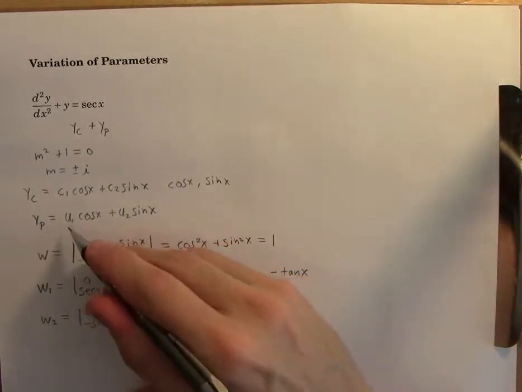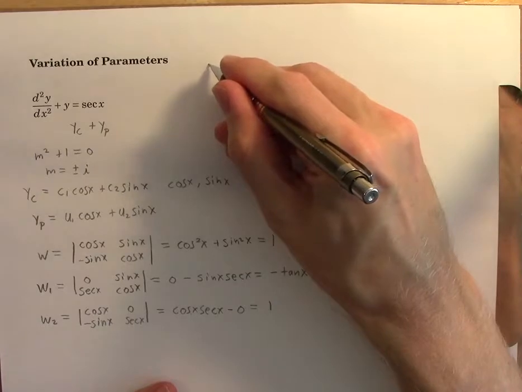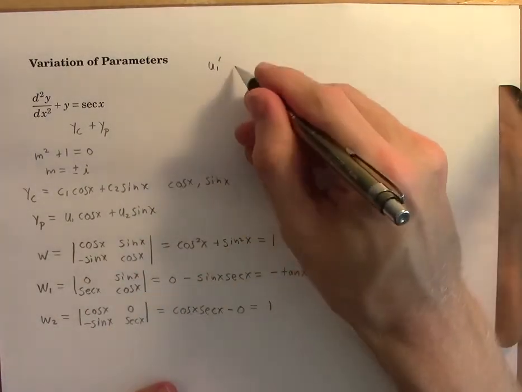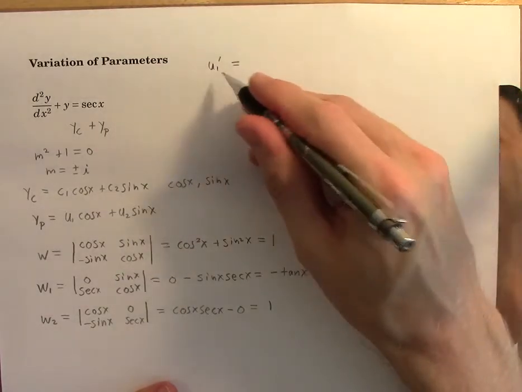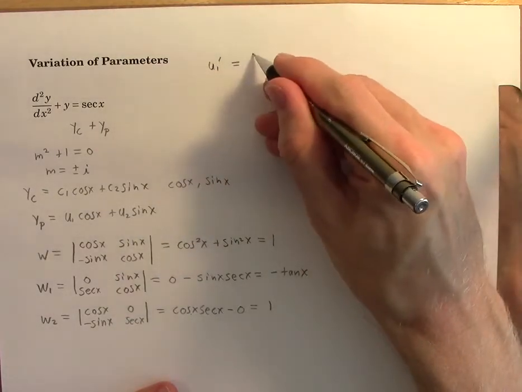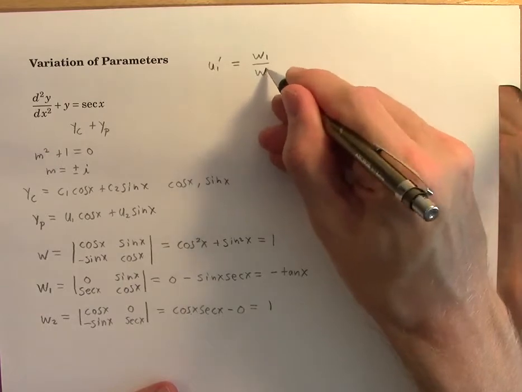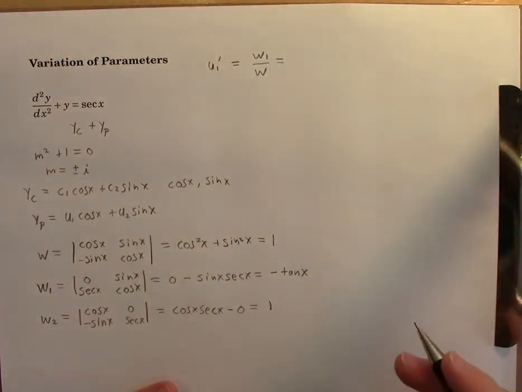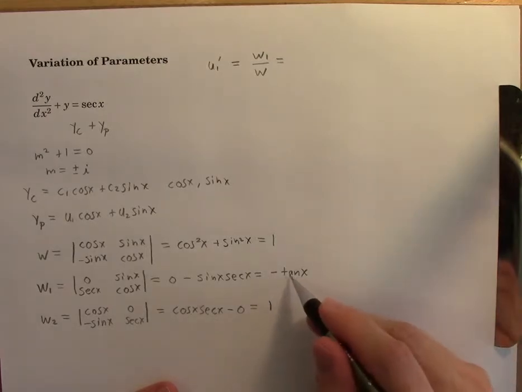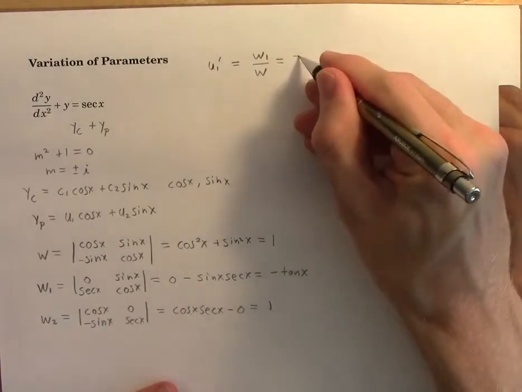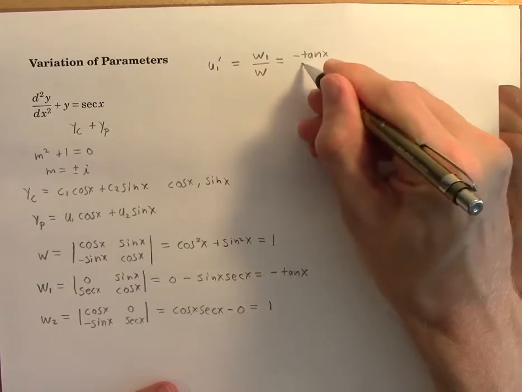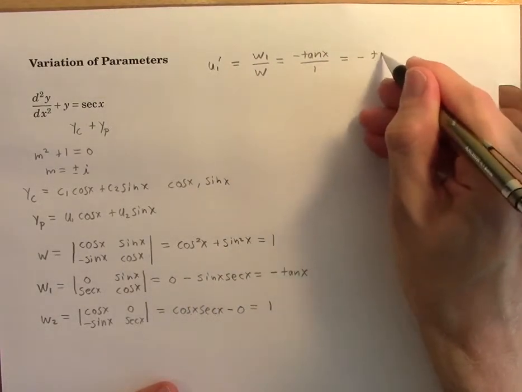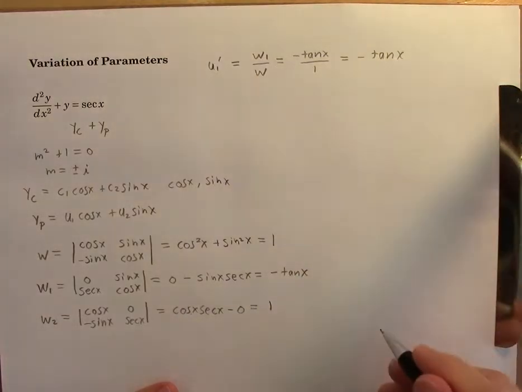So first we'll start with u1, and we don't actually get u1 directly, instead we get the derivative of u1, and that u1 prime is equal to W1 divided by W. And so our W1 is equal to negative tangent of x, and W is equal to 1, and we end up with just negative tangent of x.